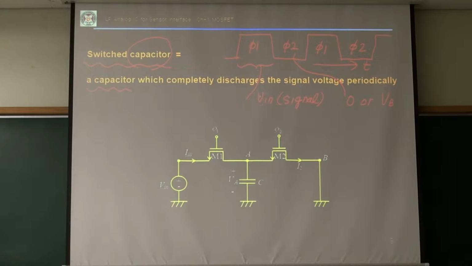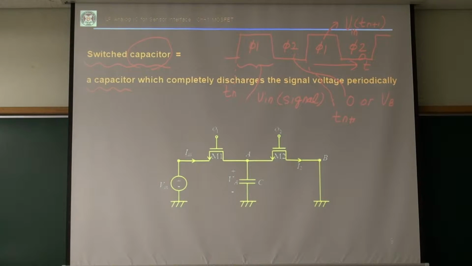For example, this is Tn, this is Tn plus 1. During the next phi 1 phase, this capacitor voltage is charged to signal voltage Vin again, and then loses that information. This is a switched capacitor.